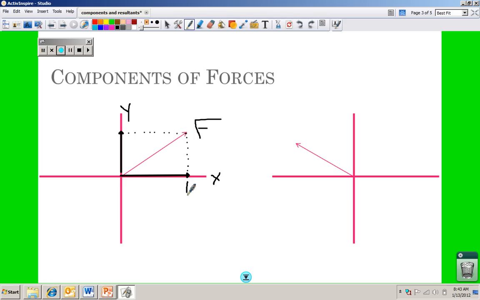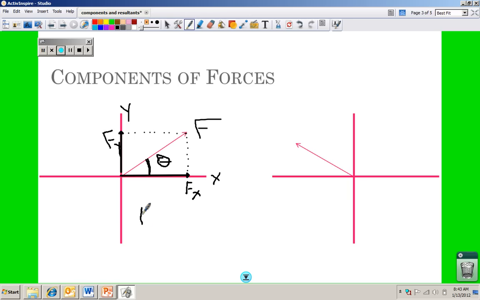Alright, so this is Fx, and this is Fy. Okay, and now if we know this angle, theta, okay, we can find the components of the force.